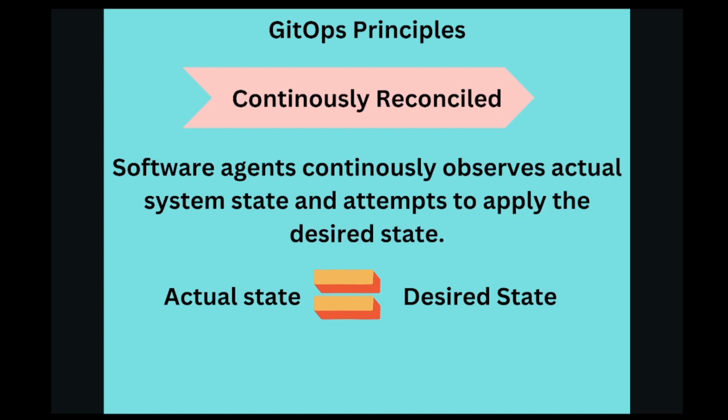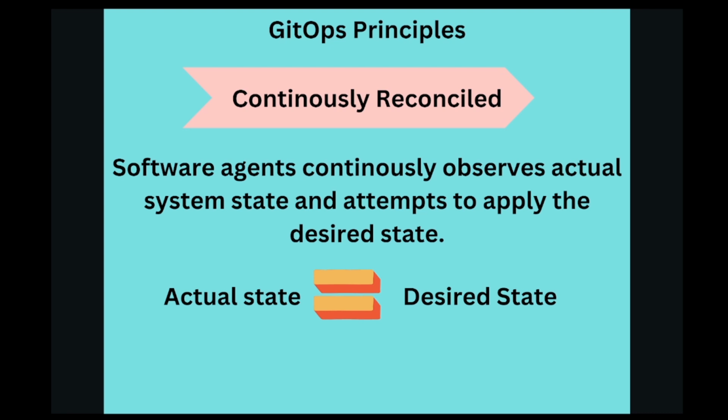The next principle states that it is continuously reconciled. So, the software agent, or you can say the GitOps agent, continuously observes the actual system state and attempts to apply the desired state, which means your actual state should be equal to the desired state.